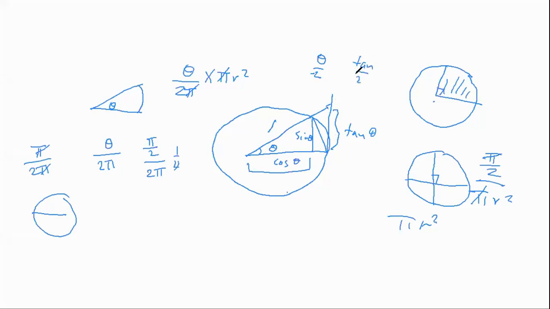The area of this triangle is the height multiplied by the base divided by 2. So the height is tan theta and the base is 1, so it will be tan theta times 1 divided by 2, so tan theta divided by 2, correct?